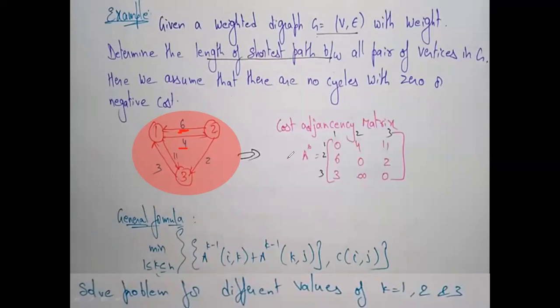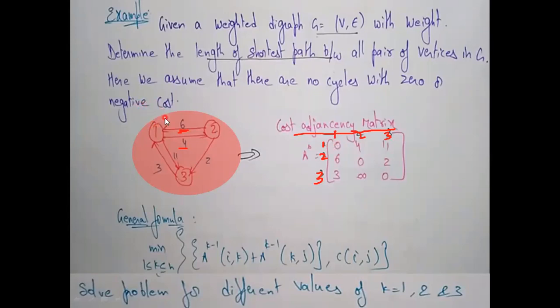First, we have to find the adjacency matrix. How to find the adjacency matrix? How many vertices? 1, 2, 3: 3 vertices. So you must write 1, 2, 3 row-wise and column-wise 1, 2, 3. Then we have to find out 1 to 1.